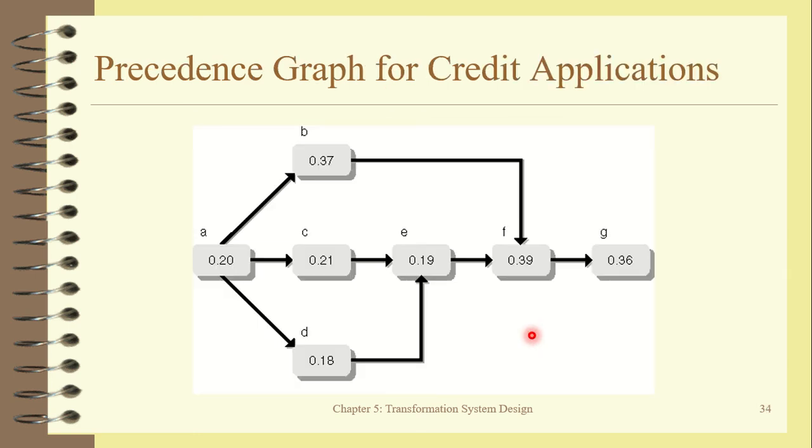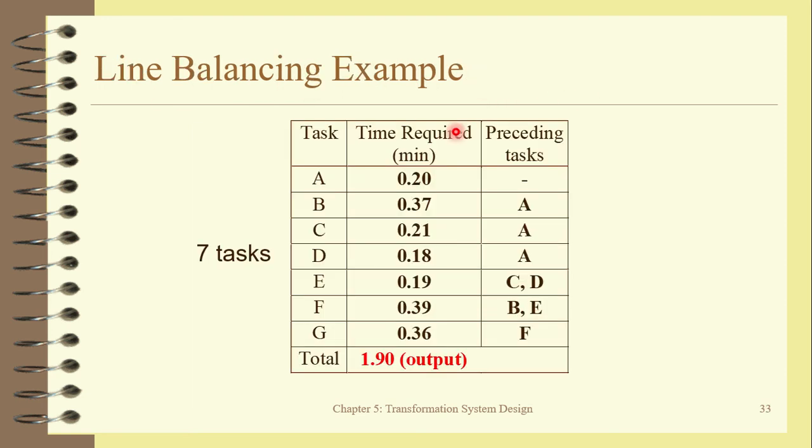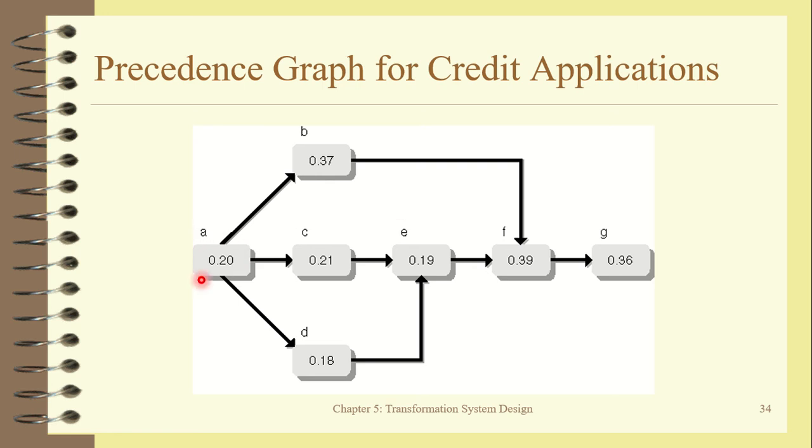So you need to draw a precedence chart or precedence graph for this application like this. First of all, you need to find the task that comes without a preceding task. In this case we got just task A. So you put task A here, and you put the required time for task A, that is 0.2.